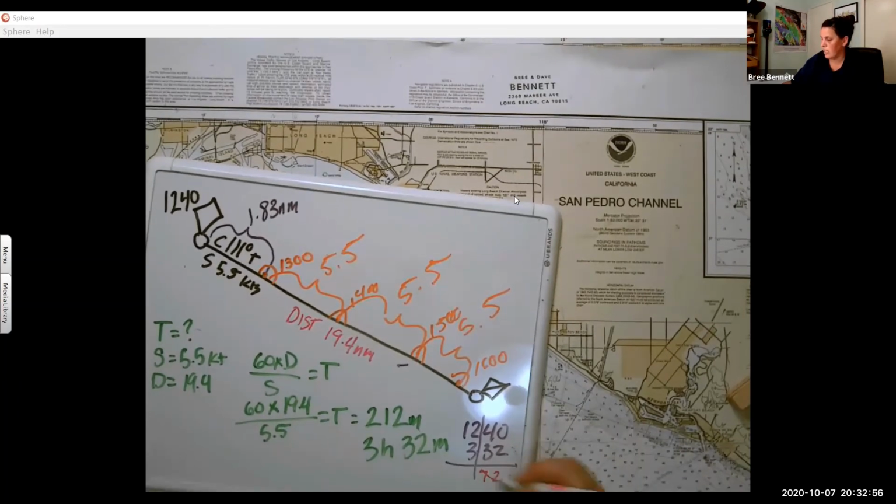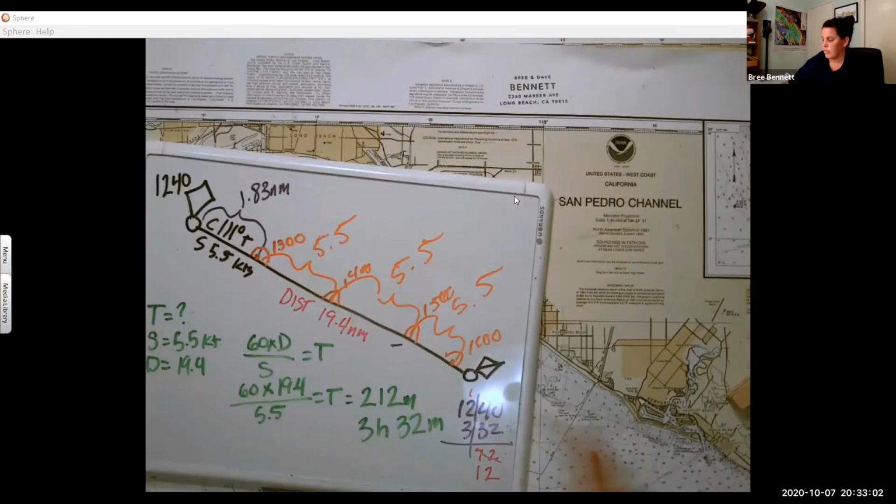So we have to carry over a 1 and we get 12. And then we go 12, 13, 14, 15, 16. We have 1612 as our calculated answer.